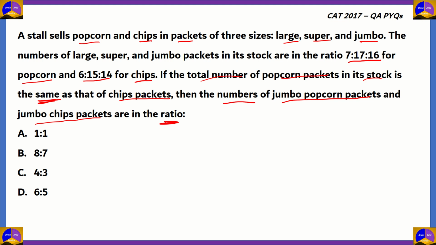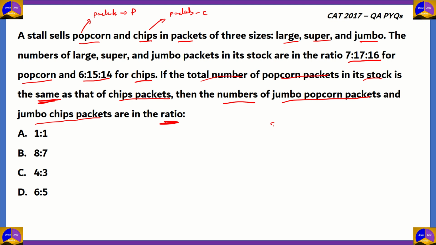So let's look at a couple of things. So we know that there are popcorn packets and chips packets. So let's consider the popcorn packets as P, and let's consider the chips packets as C. All right?